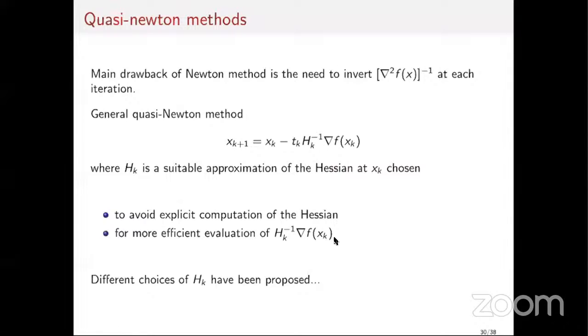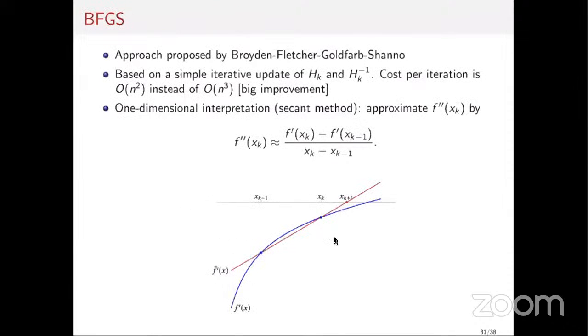There are different types of quasi-Newton methods depending on how you form this approximation. It's a long topic, which I will not get into. But let me mention a popular one, whose abbreviation is BFGS, for Broyden, Fletcher, Goldfarb, and Shanno, the four researchers that came up with this method. It is based on an iterative update of HK and its inverse, and each iteration only costs n squared instead of n cubed. This is a big improvement.